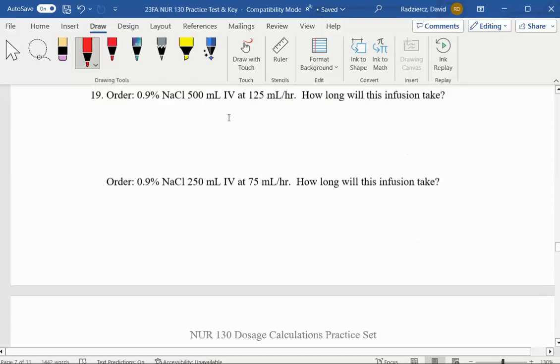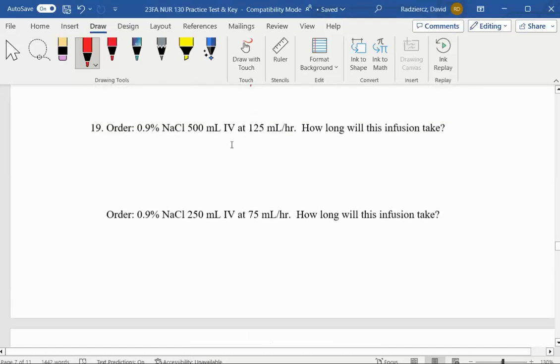All right. So let's look at another variation of flow rate before I move on to reconstitution. This is how long will the infusion take? A lot of times when they're asking this question, they want to know how much time before the bag runs out of fluid. So in this example, we have 500 milliliters of an IV.